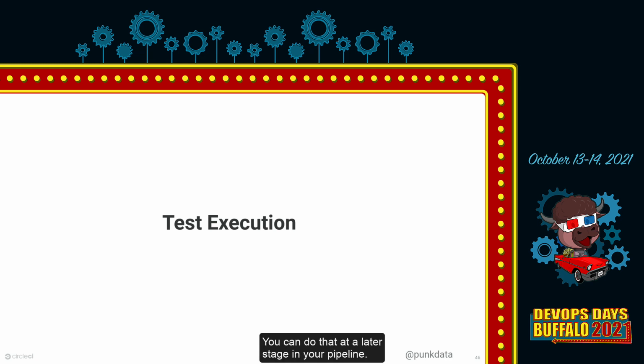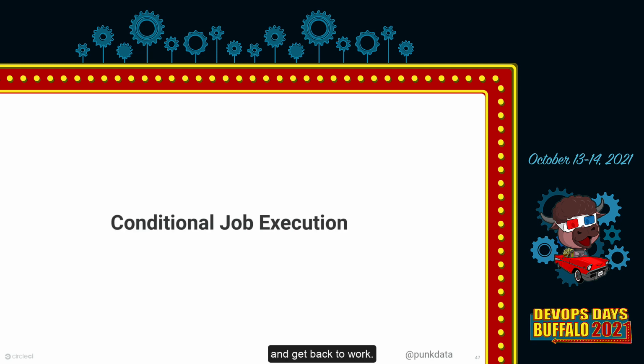You can do that at a later stage in your pipeline, maybe when you do a promotion to staging or QA. That's a more appropriate place to execute the more complex, more robust testing that increases your build time. So push those off so that developers can just test the essentials and get back to work.